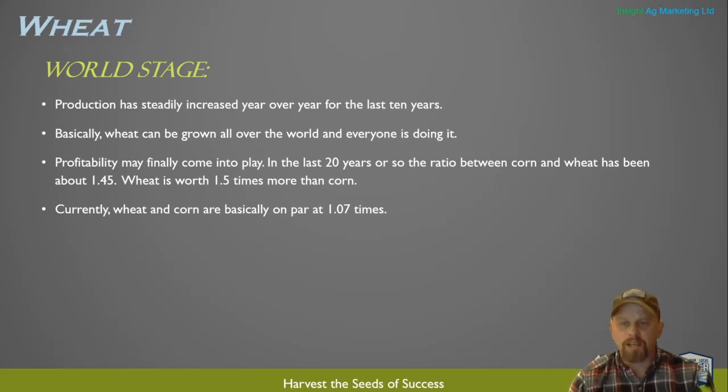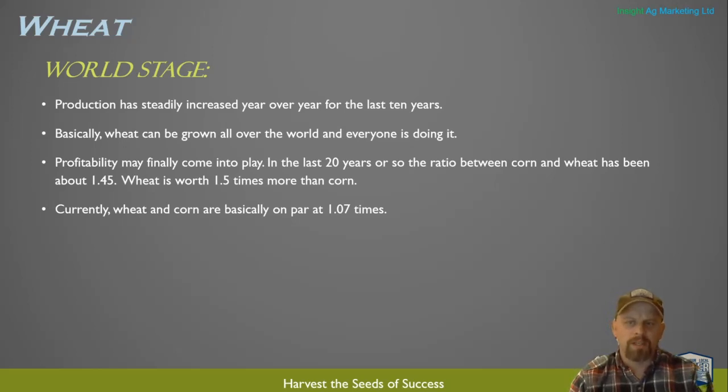Now, profitability may start to come into play with this, the profitability ratios, I mean. So in the last 20 years, the ratio between corn and wheat has been about 1.5, meaning wheat is worth about 1.5 times more than corn. Now, currently, the wheat and corn ratio are basically the same. The last time I checked it was around 1.07, right around there.